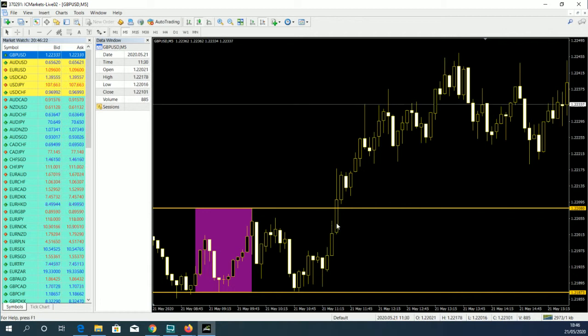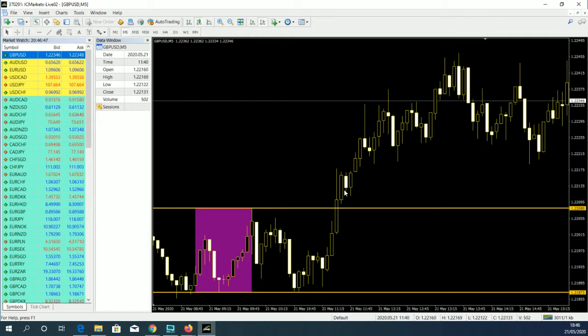So we don't want a candle like this one that came out of the box but is still touching it. Some part is inside the box. But if you look at this candle here, number 2, it's out completely. The lower wick is not touching the line, which is good. Number 3 also satisfies this condition. So do number 4, number 5, and all of them.